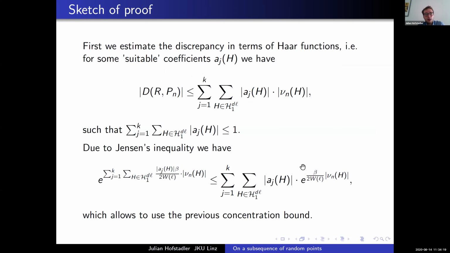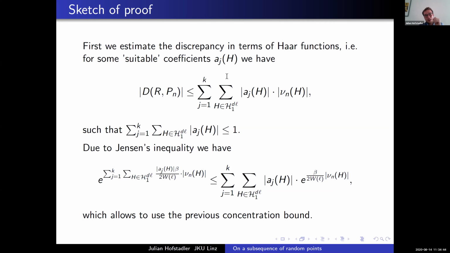First, we have to estimate the discrepancy by writing it in terms of Haar functions. As I told you, the Haar functions, if we include the order 0 function, which is the constant function, are an orthonormal basis of L2 if we did some proper normalization.